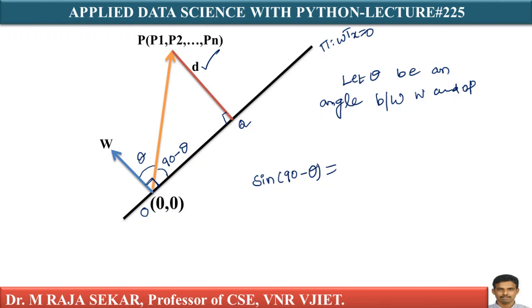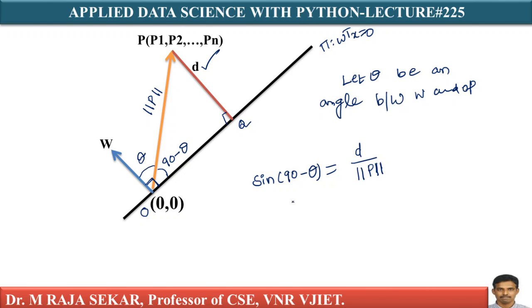What is the sine theta formula? Sine theta is the opposite side by hypotenuse. What is the opposite side here? It is d, and let me say this is OP. Let me assume this length is norm P. The hypotenuse means the length of this particular vector OP.